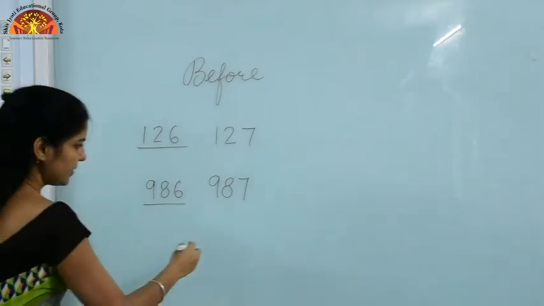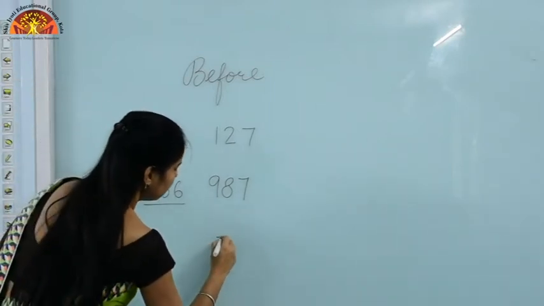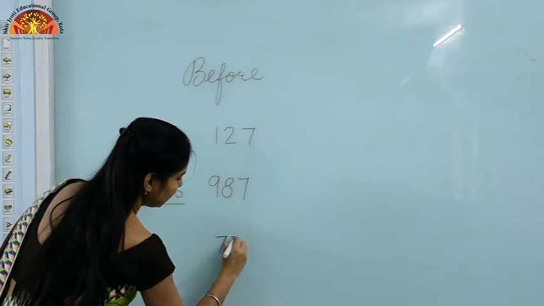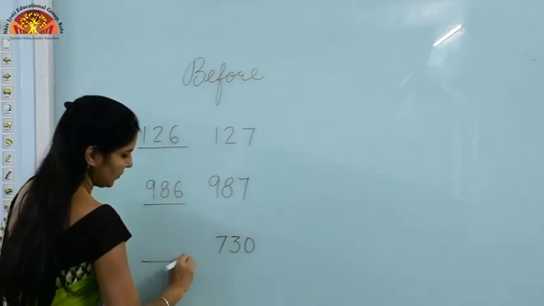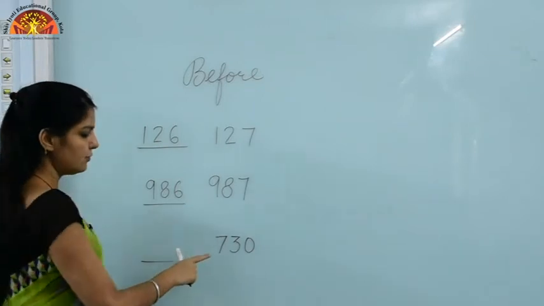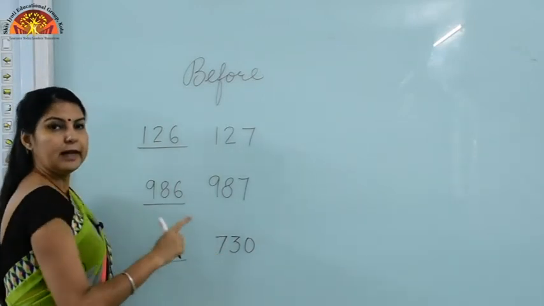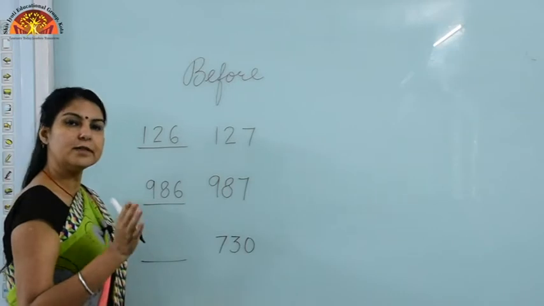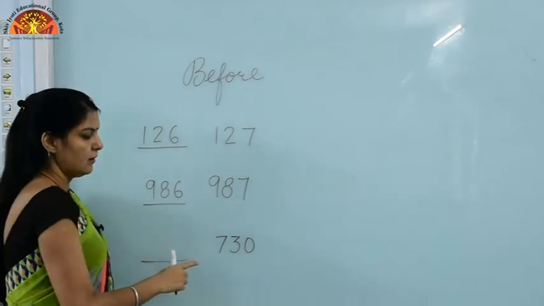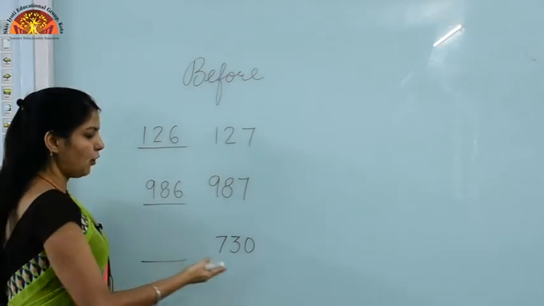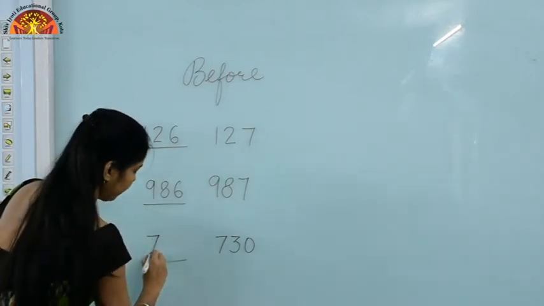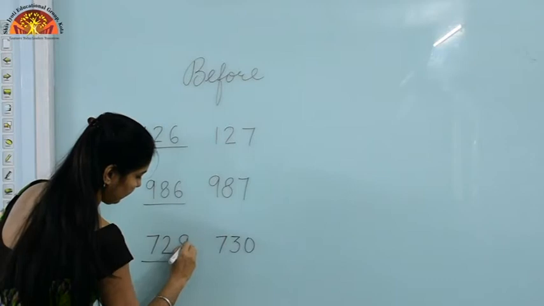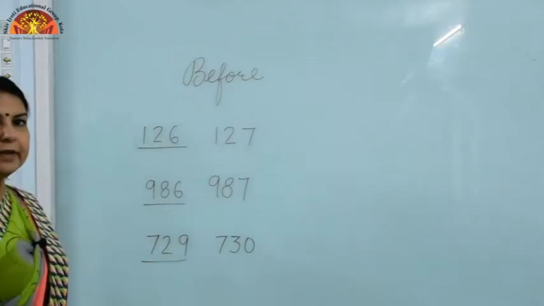Let's see one more example. 730. You can take one less from it, or in another way you can see the just previous number. When you speak the counting, what will come before it? 729. I hope you have understood.